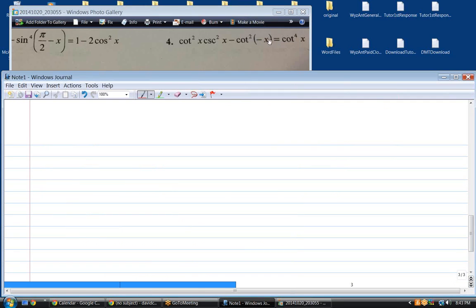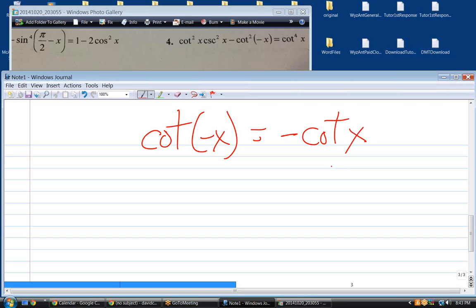Okay, when you see a negative x inside, what is cotan of negative x equal to? It's the odd-even property. Negative cotan x. Because cotangent shares the same odd-even functions as tangent does.